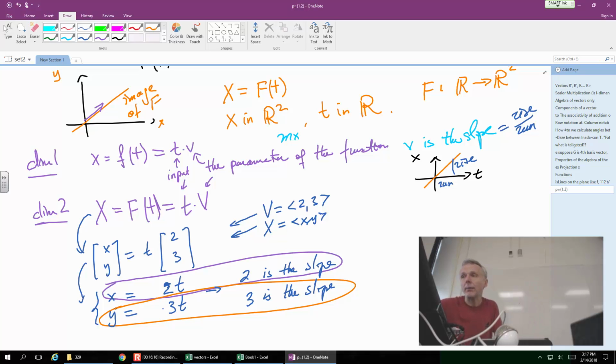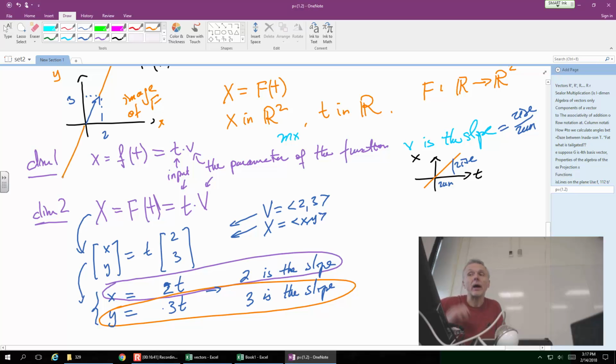Suppose that at the top, suppose that's what we're talking about, and our direction vector was 2, 3. Well, let me plot it. Okay, let me correct myself here. So if my direction vector is 2, 3, looking roughly like this, so this is 2, and this is 3, and this is my line.